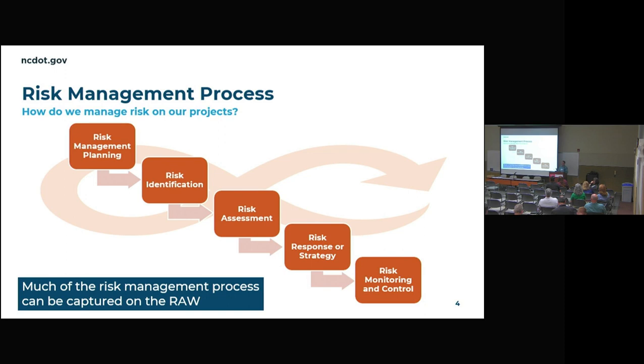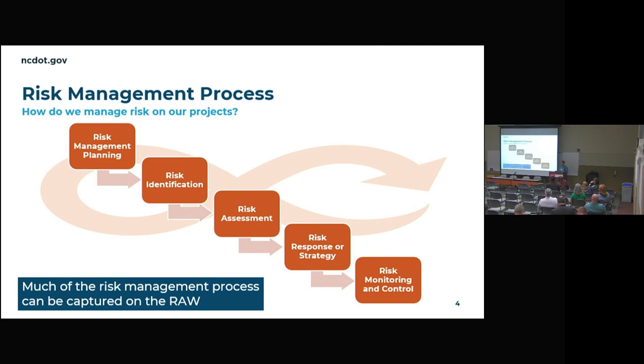If it's a positive risk, these are opportunities, you want to maximize the likelihood that it happens, right? If there's something in your project that will reduce the schedule or reduce costs, you want to maximize that. You want that to happen, right? It's positive. So you'd have a strategy that would go along with that to make that more likely.